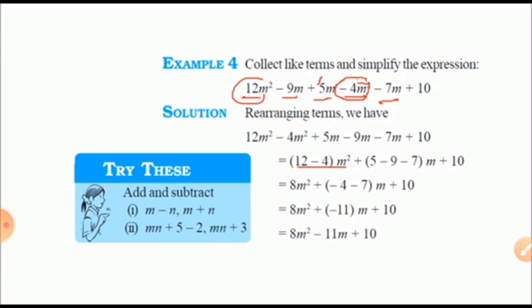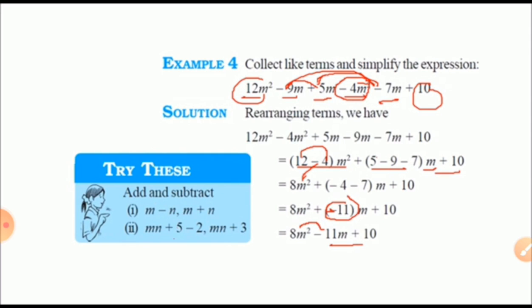Plus and minus can be moved forward and backward, beta. m square with m square, m with m, and at last the number. 12 minus 4 leaves 8. 5 minus 9 minus 7: from 5, 9 went, so minus 4 and minus 7, minus 11 will be there, and last plus 10. So 8m square minus 11m plus 10 is the final answer.